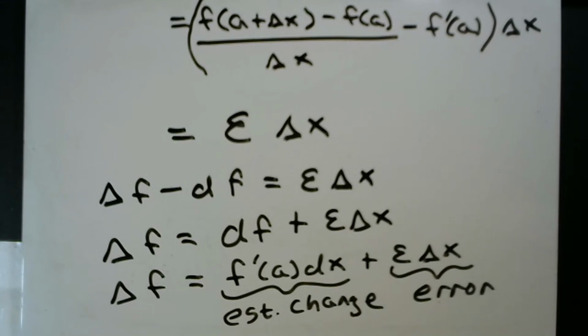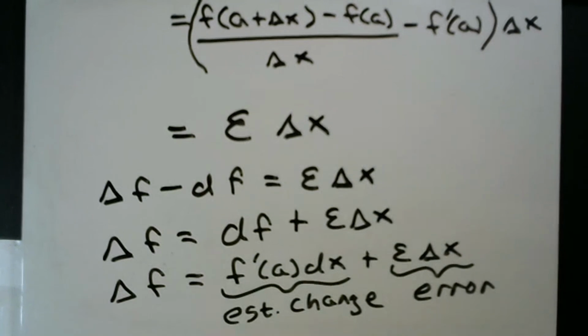All right. Now, there are different types of computations they do here with error. And we're going to take a look at some of these. We're going to have what's called true change or true absolute change, estimated absolute change, and then the approximation of the error.